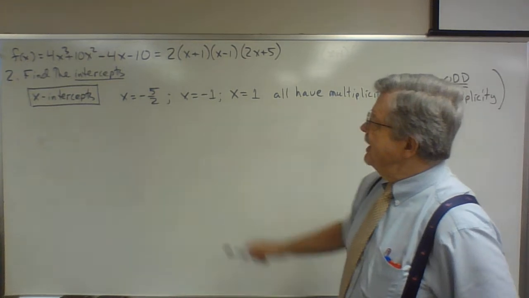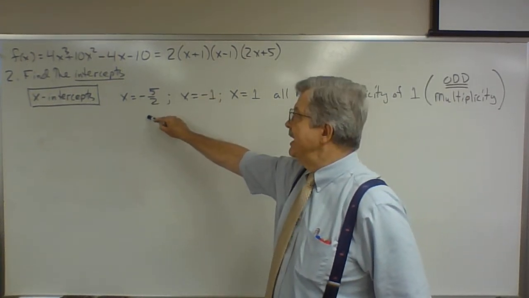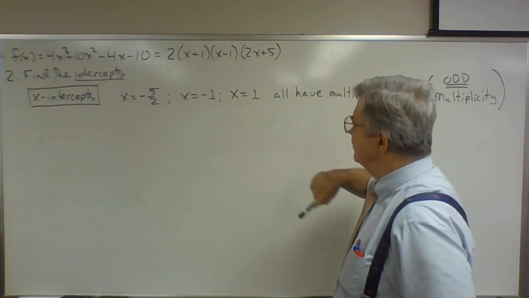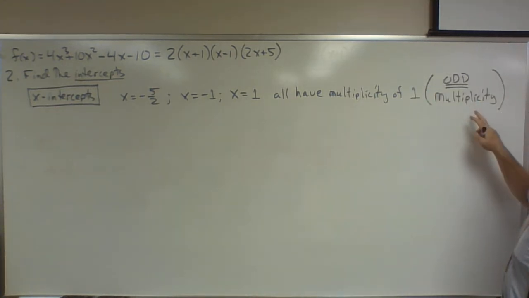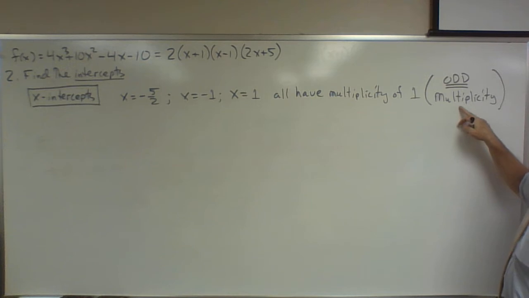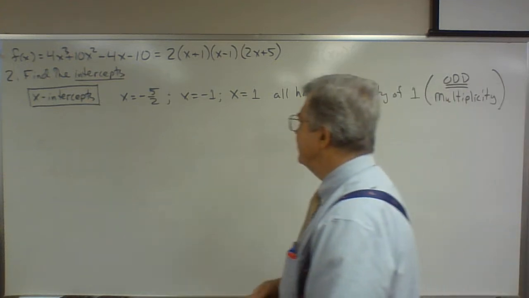Next step, find the intercepts. And we have the x-intercepts already. X equals negative 5/2, x equals negative 1, x equals positive 1. And all of these intercepts have multiplicity of 1. The key here is that the multiplicity of each of these is an odd number.